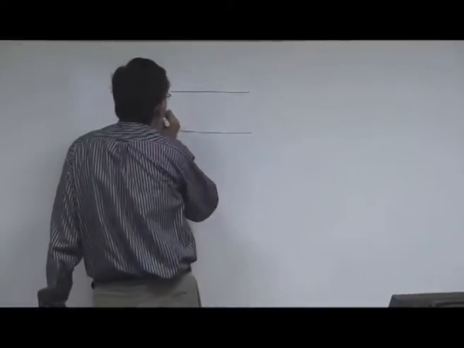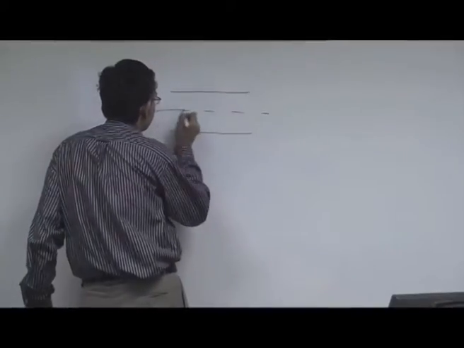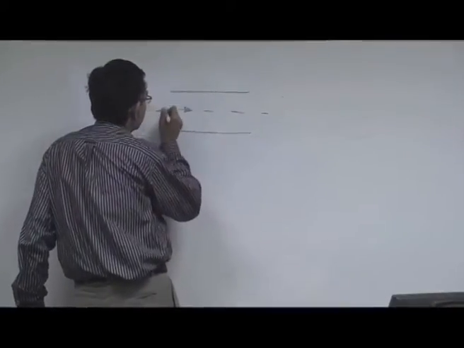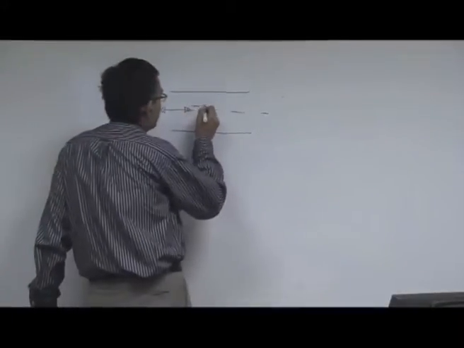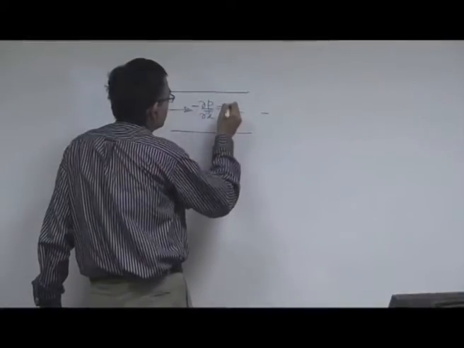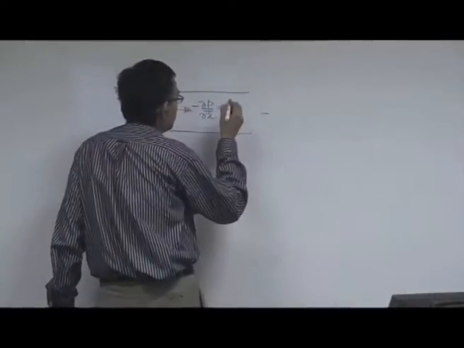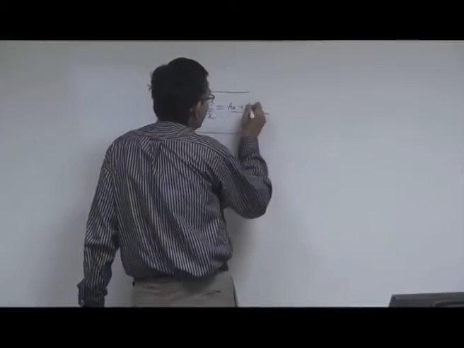So, let us say that this is a channel, we have minus dp dx equal to A0 plus A1 cos omega t.